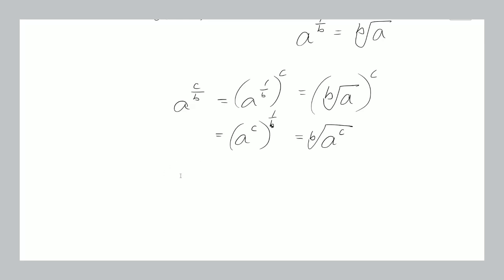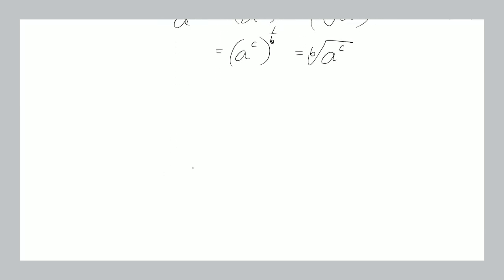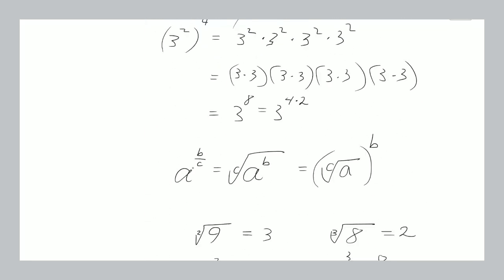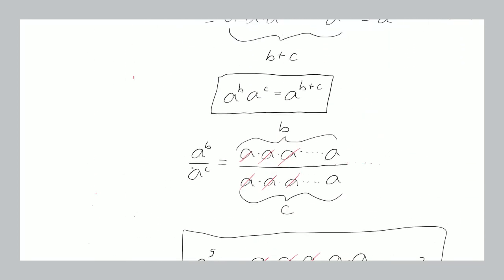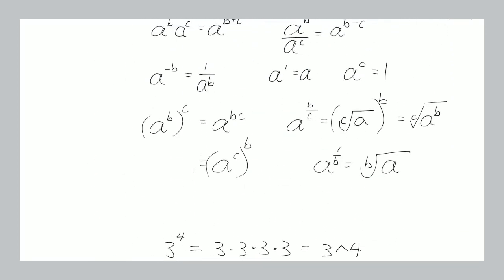And that's where that final exponent rule comes from, right? So let's say we have, now we represented it as a to the power of b over c at the very, very top. This rule right here. So this one we already showed.